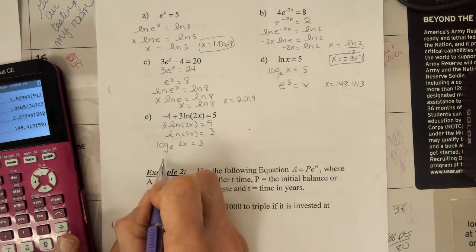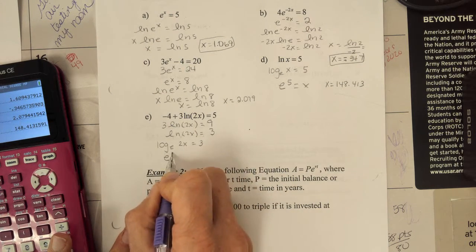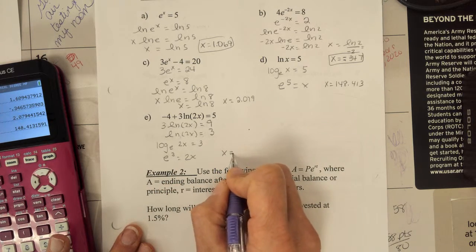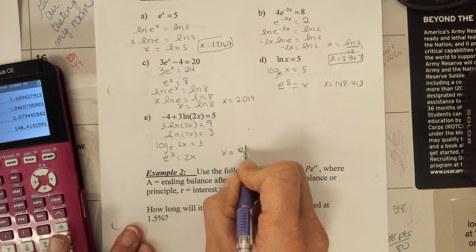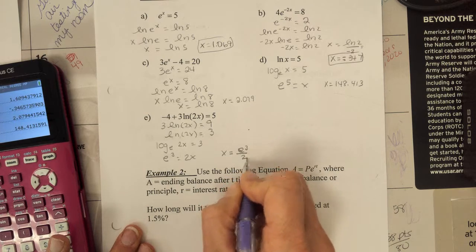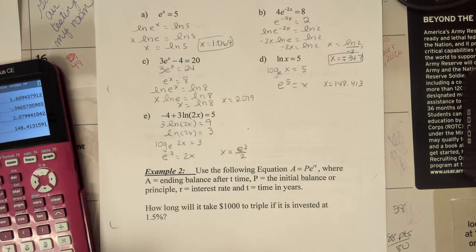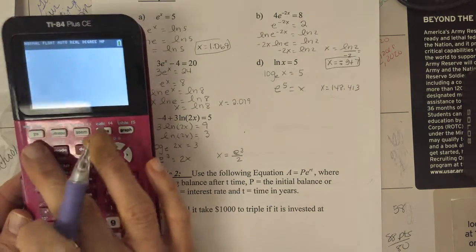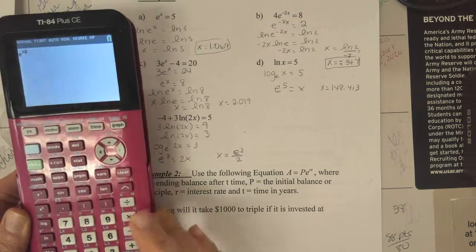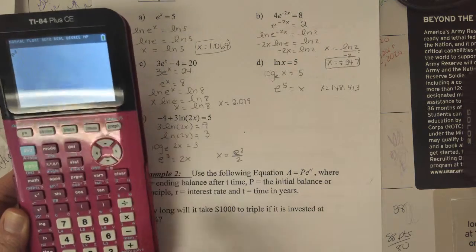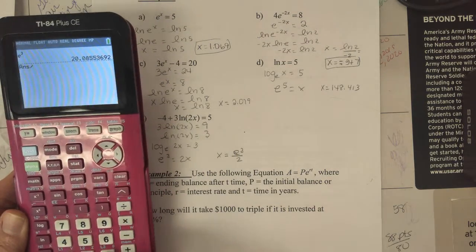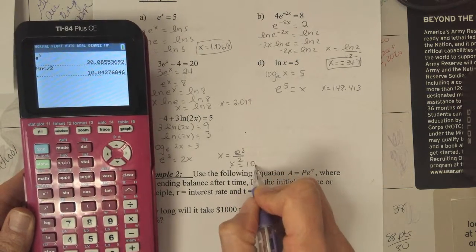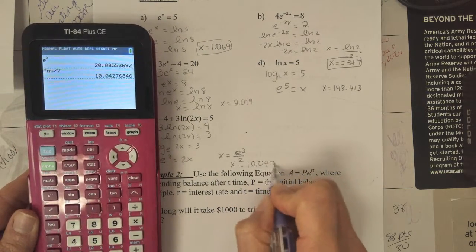Then write as an exponential, e to the power of 3 equals 2x. So x will equal e to the power of 3 over 2. So second natural log to the power of 3 divided by 2. So we get x equals 10.0433.